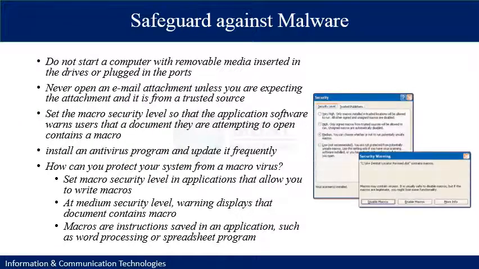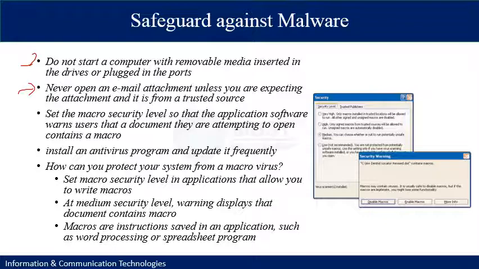So in general, you can use different precautionary measures to safeguard against malware. That means you should not start a computer with removable media inserted in the drives or plugged into the ports. You should never open an email attachment unless you are expecting it and it is from a trusted source.